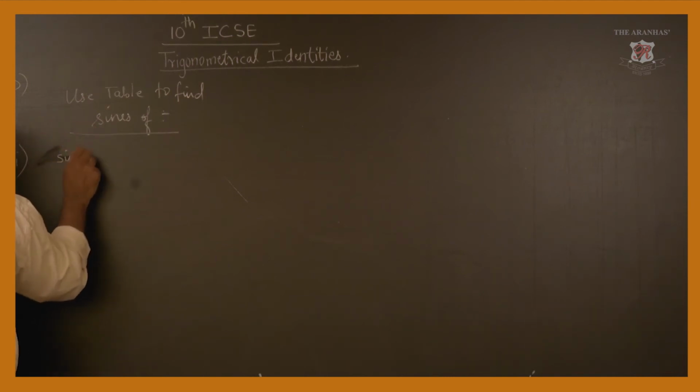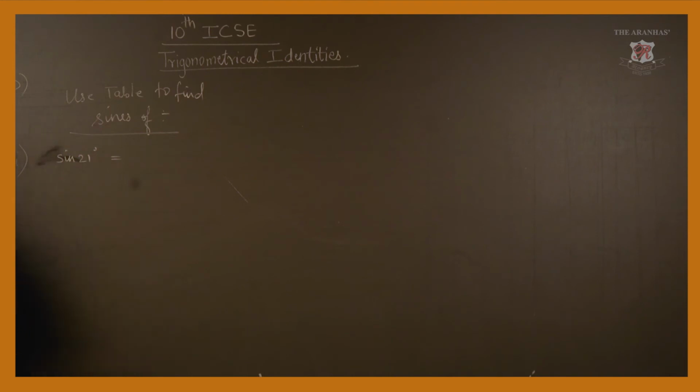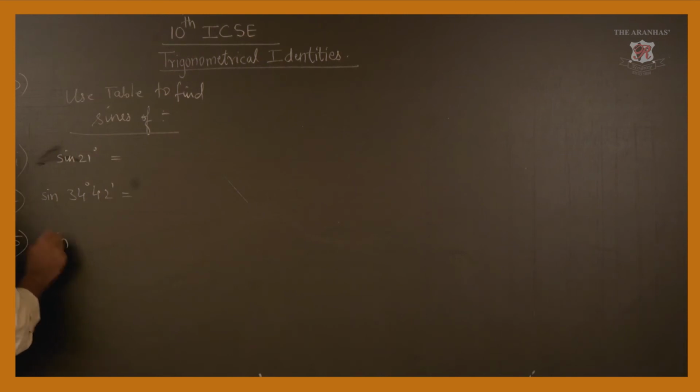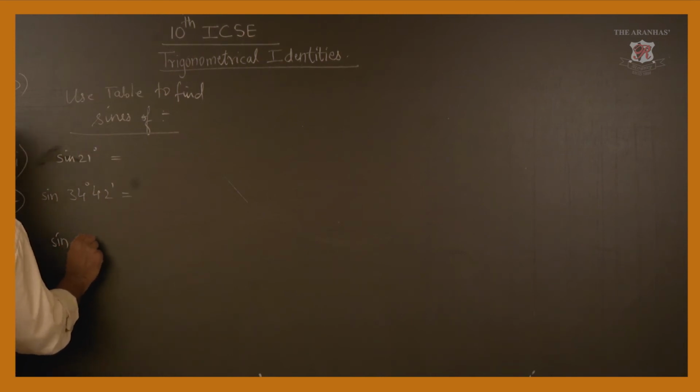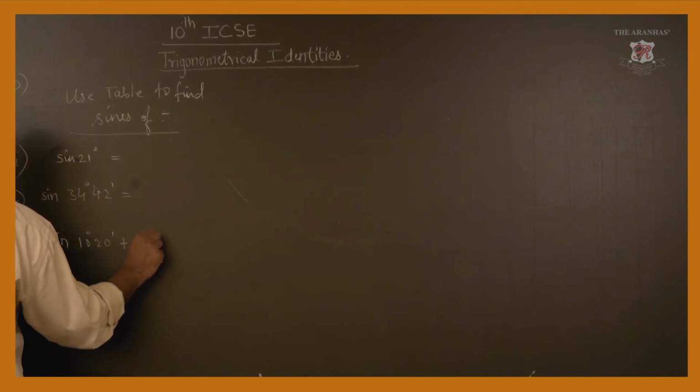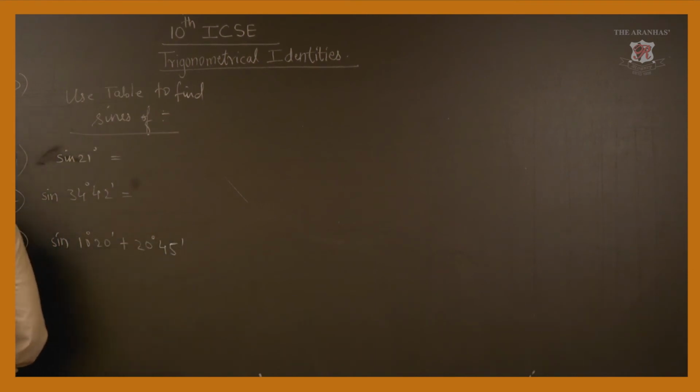They have asked sine 21 degree, sine 34 degree 42 minutes, and then the fifth one they have given, sine of 10 degree 20 minutes plus 20 degree 45 minutes. So, in this way they have asked us to find the sine values.